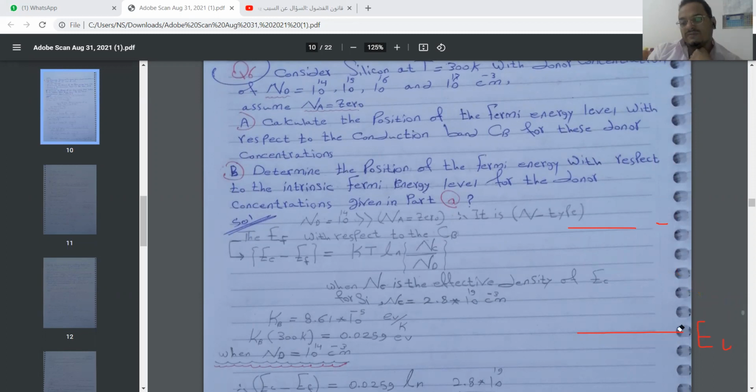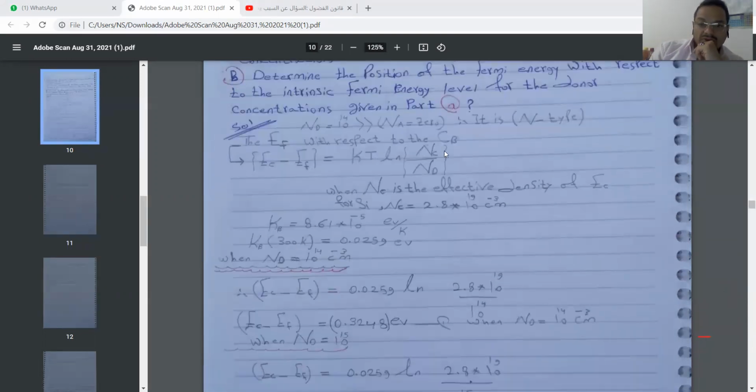Now let's delete all of that. You can go to another statements. Yes. Now we will depend on this relation and this equation here, ND equals exponential 14. We will just put it here, and NC will be constant.